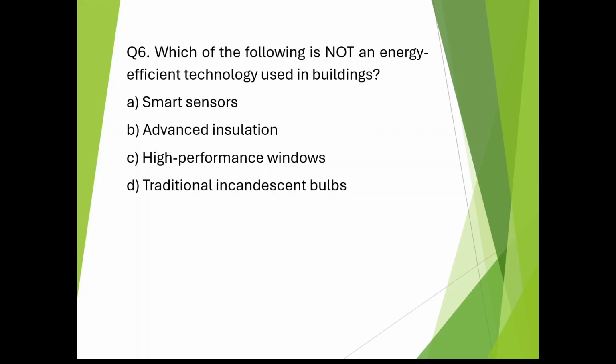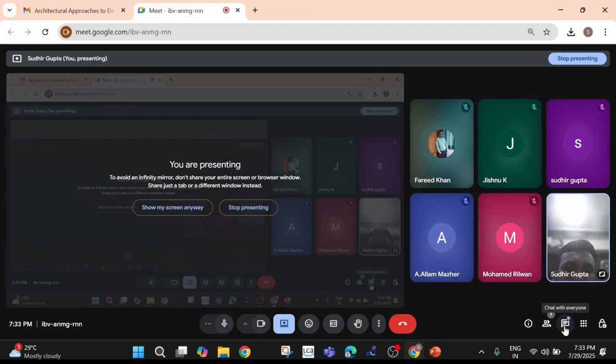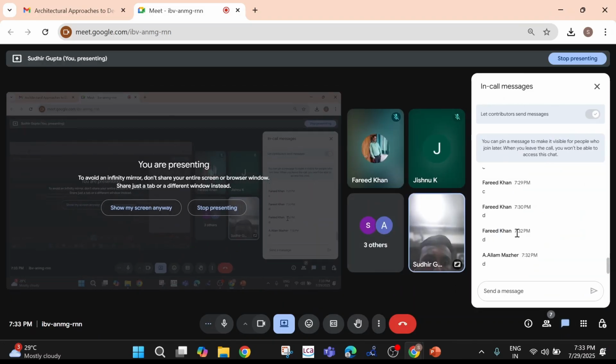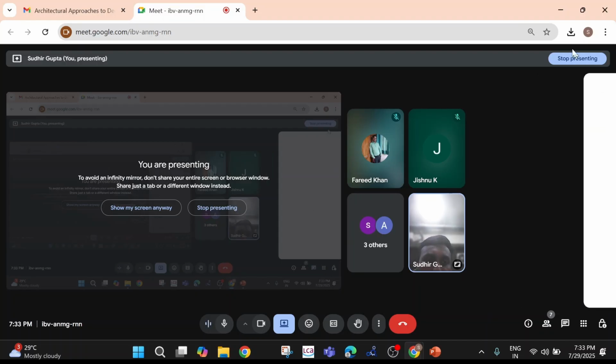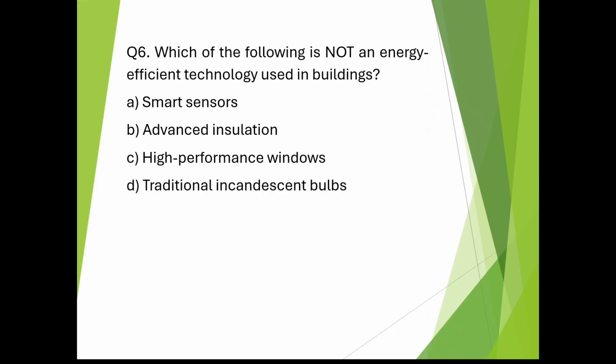And let's see how many of you have answered it correctly. Okay, so for this question, most of you have selected option D. Yes, option D is the correct answer for this question number 6. That is, traditional incandescent bulbs are highly energy inefficient.